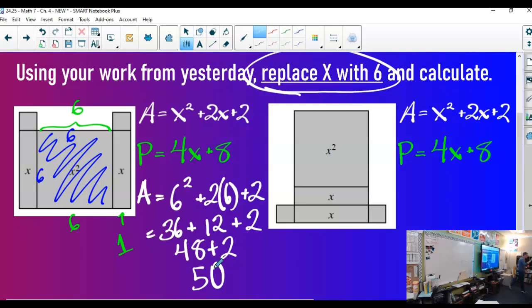Do the perimeter on your own. Replace that x with 6. If we now know that x is 6, what does our perimeter turn into?